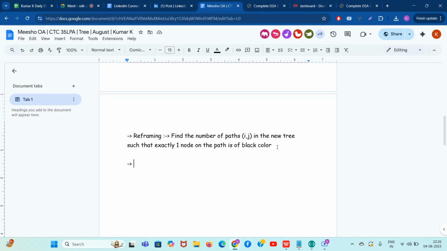So now, guys, what I did in this case is that I just focused on a particular black node. What if there is only one black node in the whole tree? We always go for the easiest cases, right?